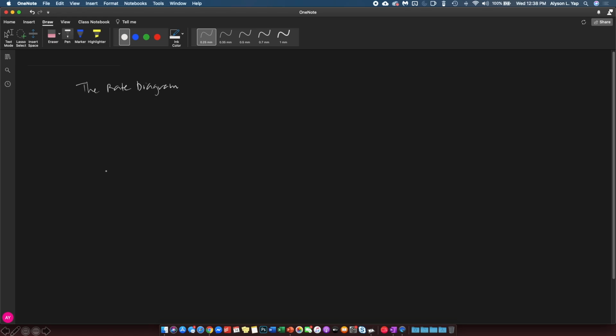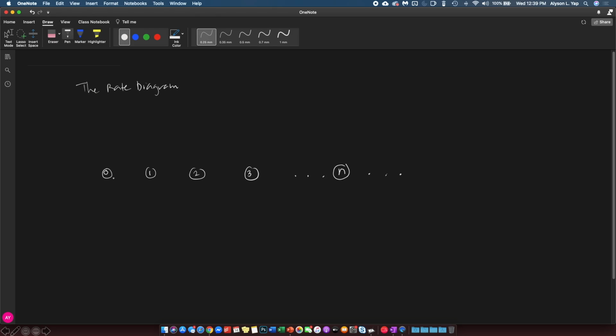So in this case, let me label the nodes 0, 1, 2, 3, so on and so forth. Let me just add n and then so on and so forth.